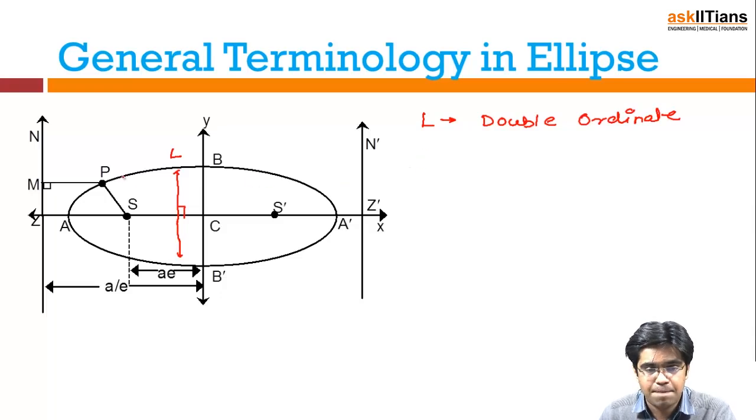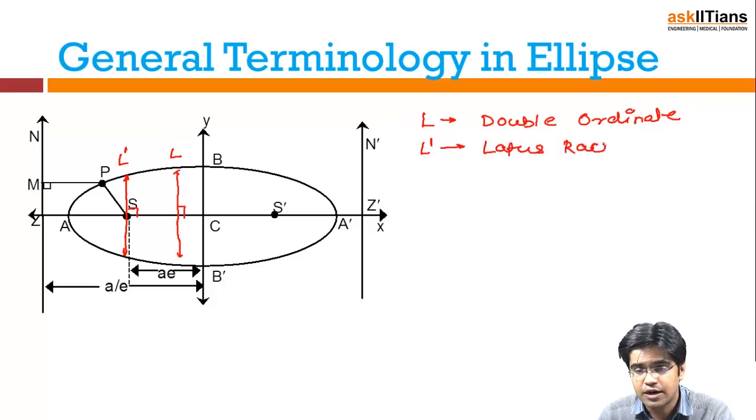But if this L, which is perpendicular to the axis, passes through any of the foci, let's name it L dash, then L dash will be the latus rectum. So what is a latus rectum? A latus rectum is a double ordinate that is passing through a focus.